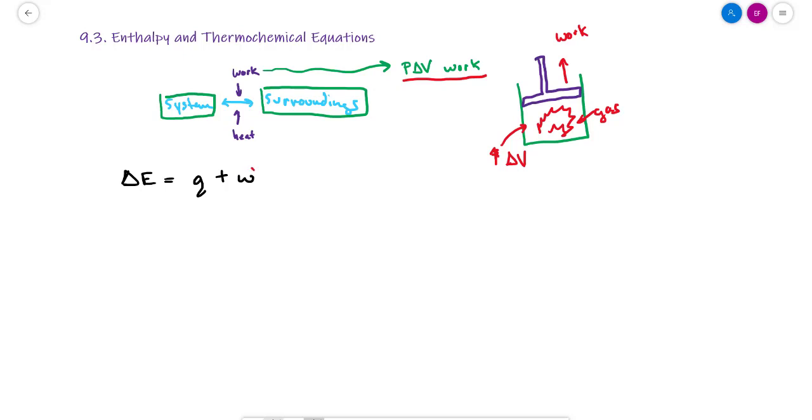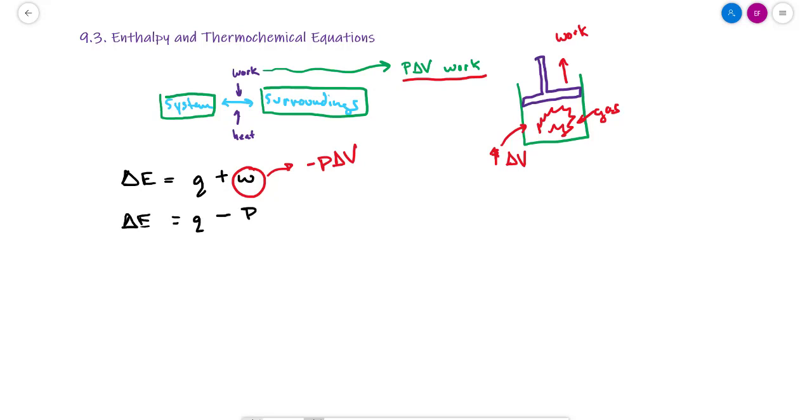And if the work is really this P delta V term, we can substitute that directly in. We're going to substitute that as a negative term just to keep the directionality of positives and negatives the same. It's not that important that you know exactly why that is, but just know it comes from the positive-negative convention that we've already introduced.